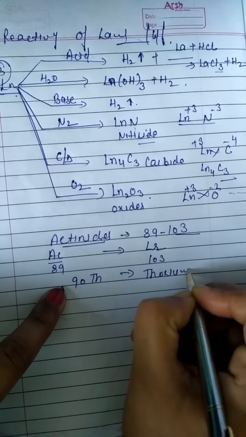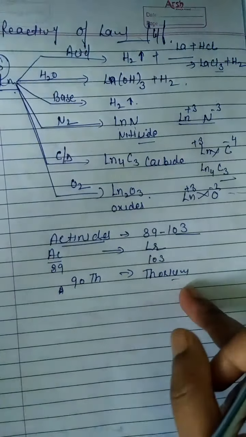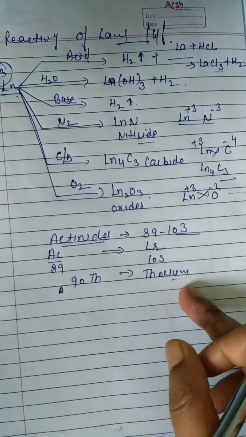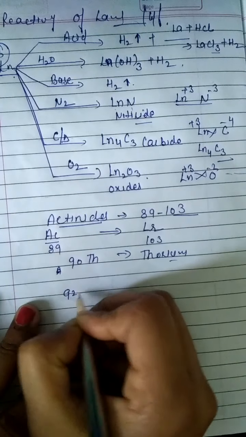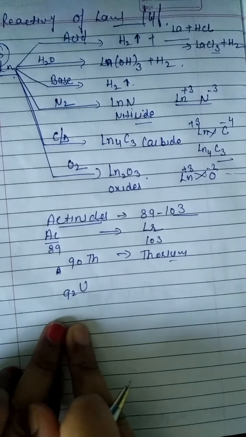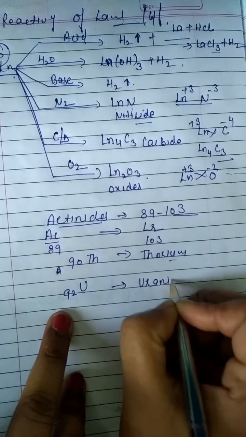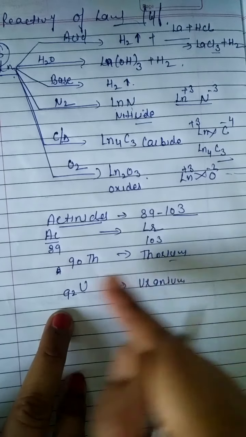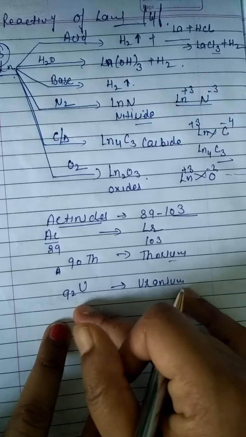That is important; we have to learn it. The atomic number 90 is of thorium. We have to learn only the important ones. Next one is the atomic number 92, which is uranium. Atomic number of thorium is 90 and atomic number of uranium is 92.